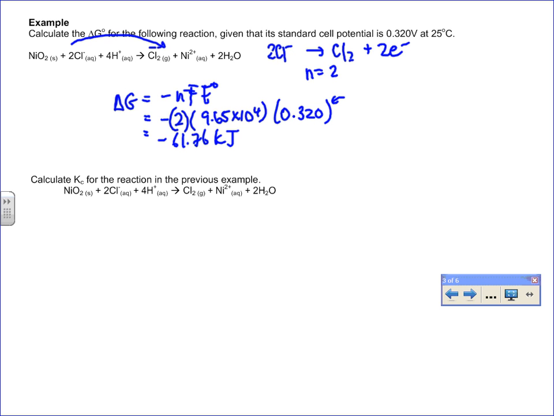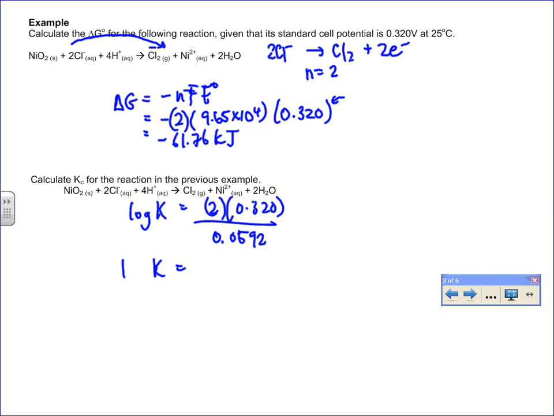And to calculate the equilibrium constant for this reaction, now that I've got the Gibbs free energy, I could use that, but I can also use the relationship that I just showed. Log of K is equal to n times E naught over 0.0592.